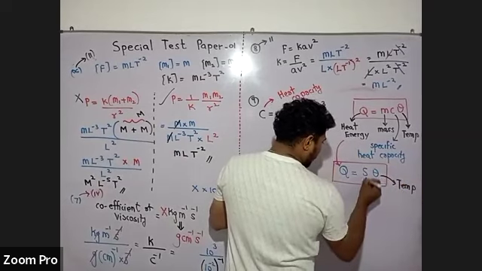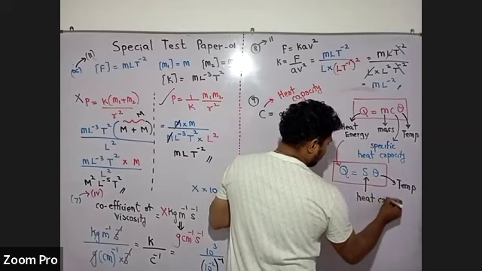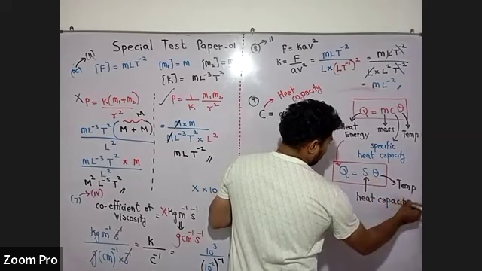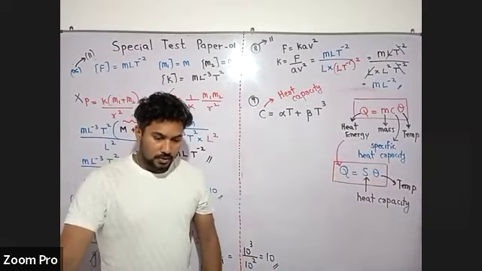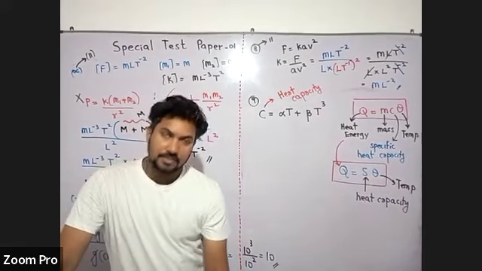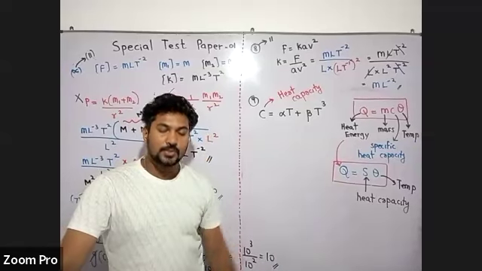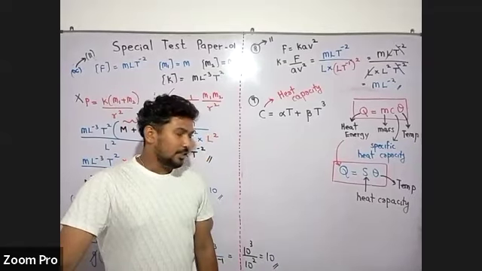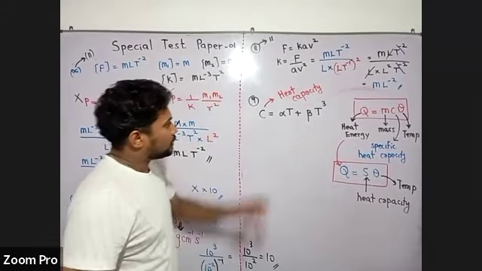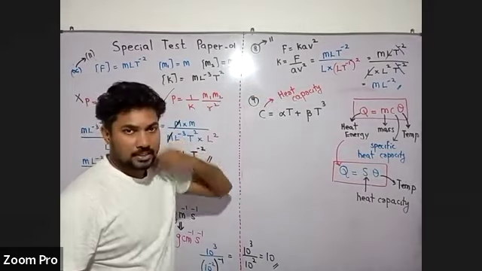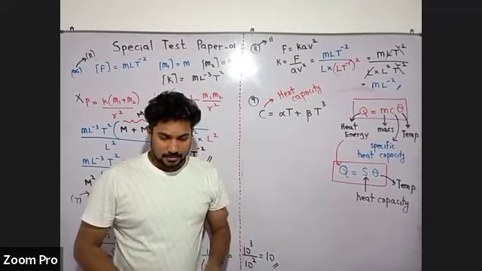And S represents the heat capacity, not the specific. It is just the heat capacity. So by substituting the relevant units for this equation, you can obtain the units of heat capacity. The question is asking about heat capacity, so that's why we have to obtain the units for heat capacity.